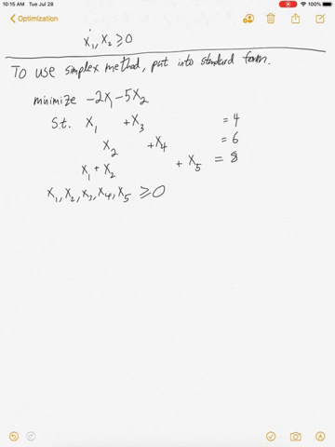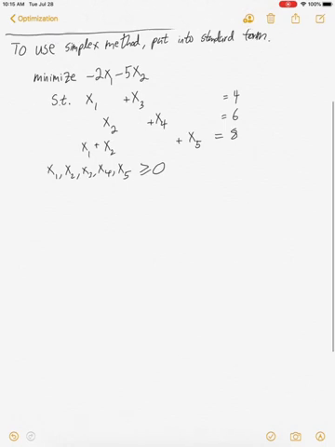So now once we have it in standard form, we can apply the simplex method to find the solution. So first of all, let's take the system of equations and translate it into a matrix.